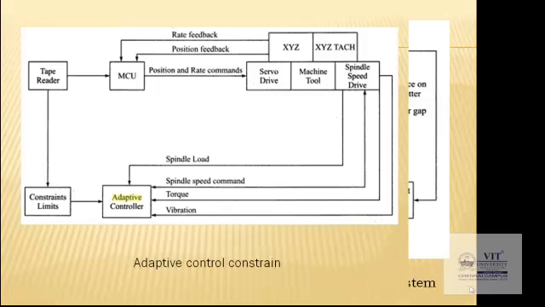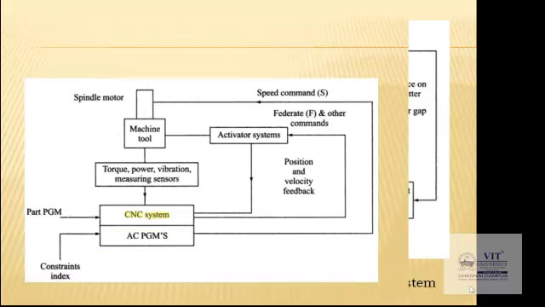These are all the constraint limits for a particular operation or tool. The constraint limit for a particular operation has to be set, and that set value, the maximum constraint limit, is set back to the program.